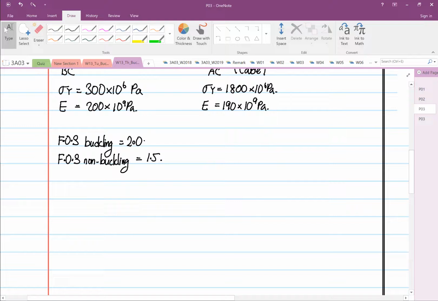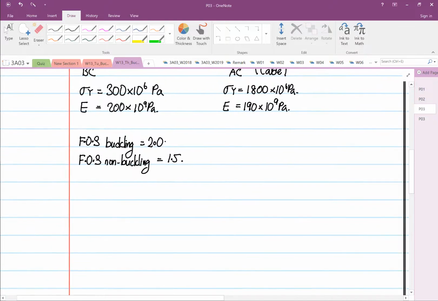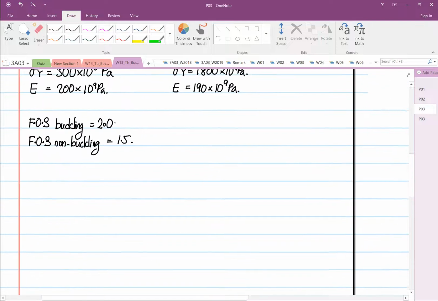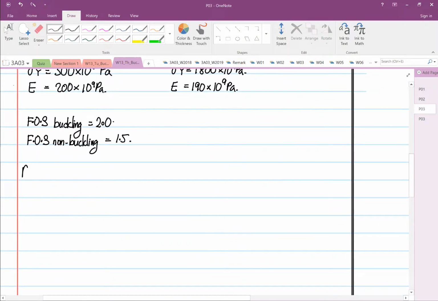So we're going to do this analysis, we're going to perform truss analysis. So when we declare this, we only consider axial loading.